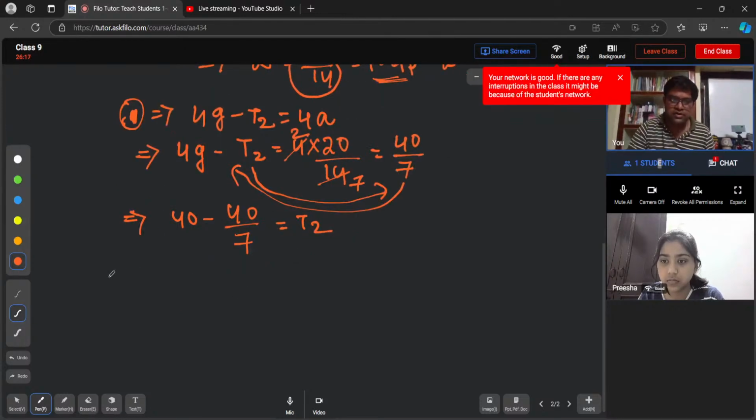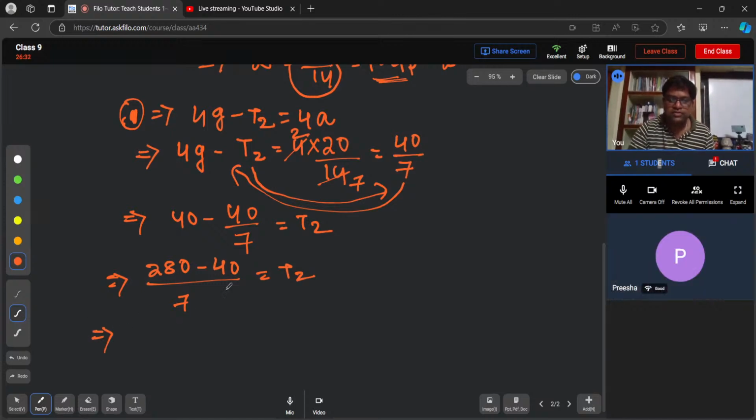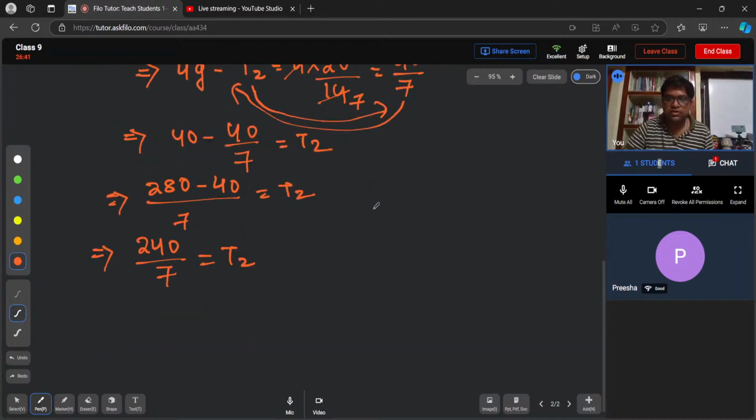Or we can write LCM 7, 280 minus 40 equal to T2. So 280 minus 40 is 240 by 7 is T2. So what will you get?